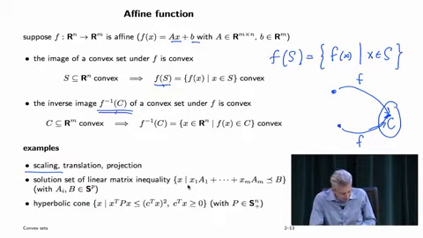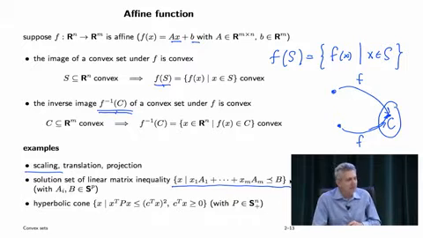Here's one. This is something we'll see fairly often. It's called a linear matrix inequality. And so it says this. I have a bunch of matrices, A1 through Am. I form the sum of xi times Ai, right? And I say that's less than or equal to B, where B is a symmetric matrix. This is in the matrix sense, right?